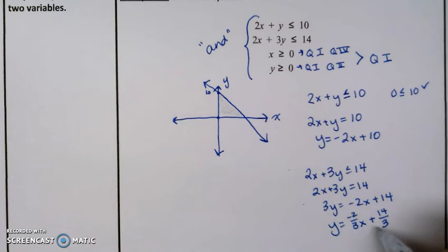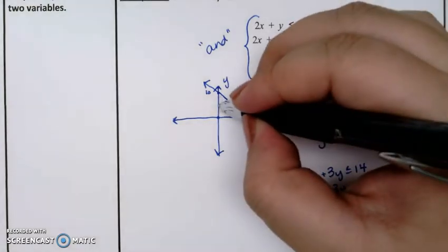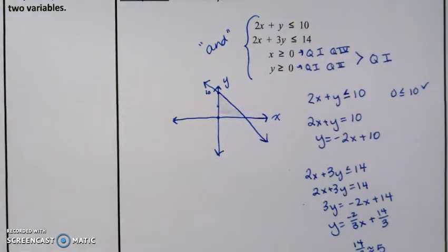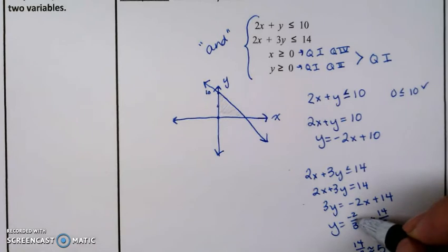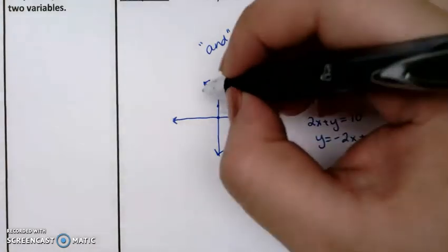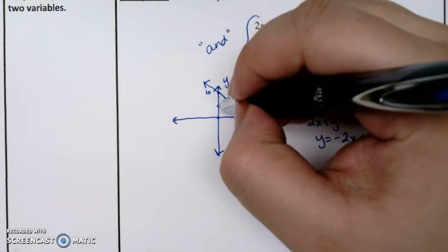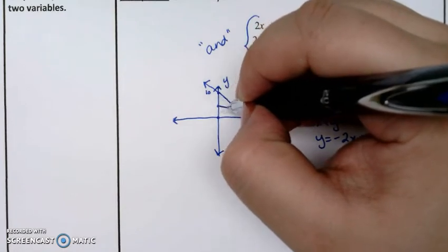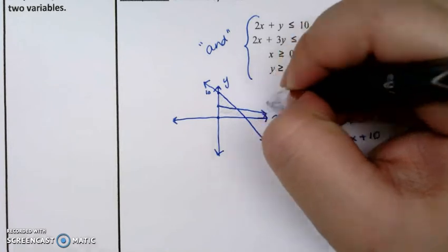So what I end up with is 14/3 is about 5. So that would be my intercept with a slope of negative 2/3. So down 2 over 3 would give me something like this.